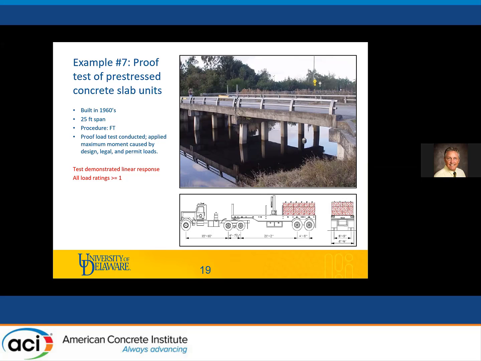The test demonstrated linear response, and so the DOT was comfortable in assigning load ratings greater than 1 for this bridge. The sketch or the drawing down below shows the vehicle that they use. It's their own in-house vehicle, and they can apply some very large loads to their bridge using that vehicle.